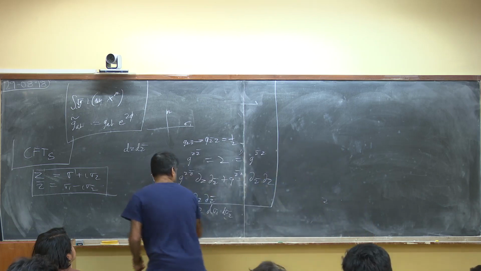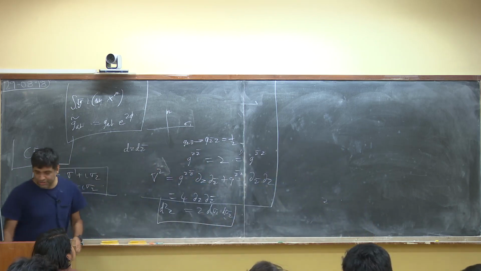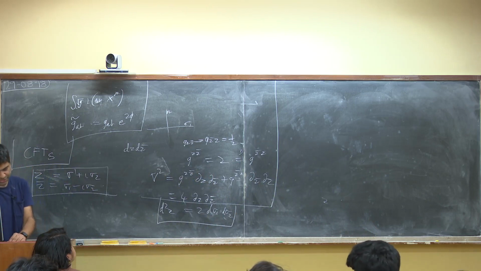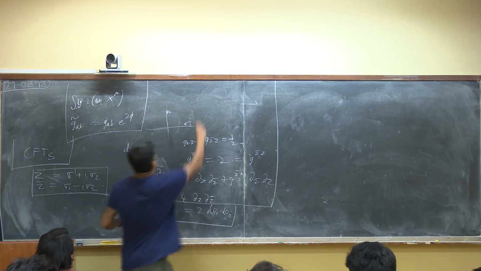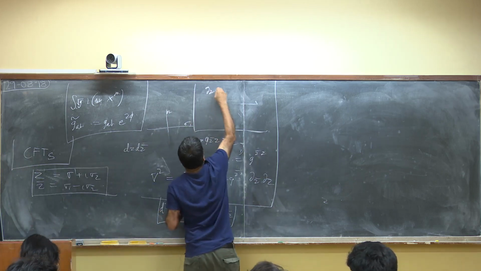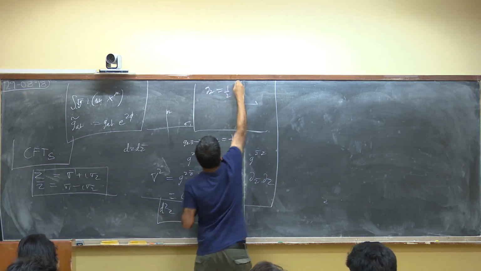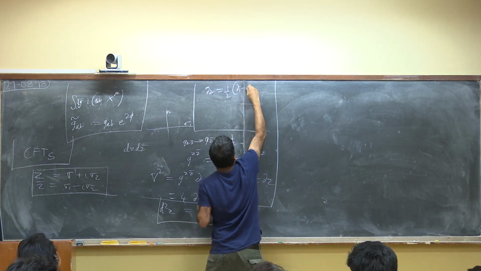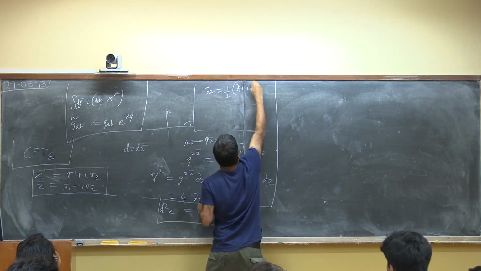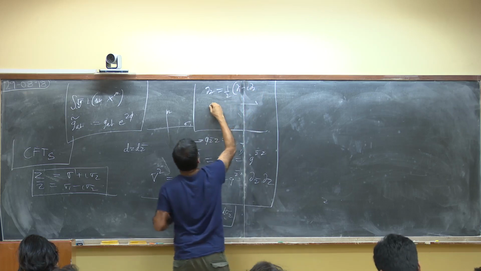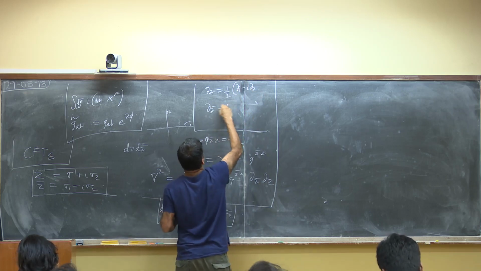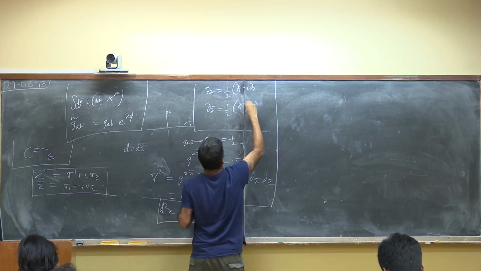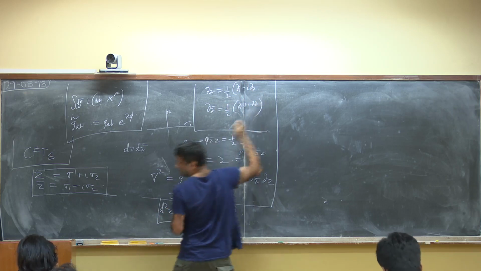Okay? Fine. So these are the conventions that Polchinski uses, and one or two more things. Del z is equal to del 1 minus i del 2. And del z bar, let me check which way.